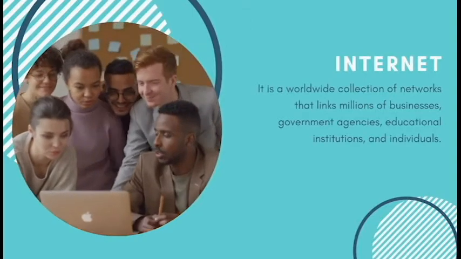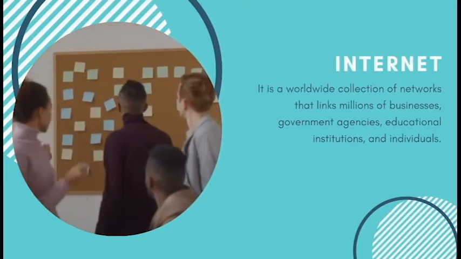So now, what is the internet? It says here that it's a worldwide collection of networks that links millions of businesses, government agencies, educational institutions, and individuals. I think we're familiar with the internet by now. It's a collection of networks.